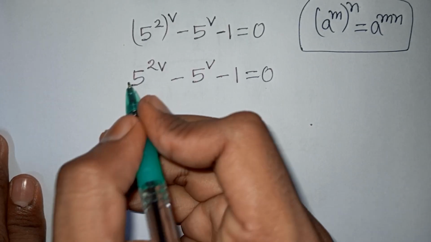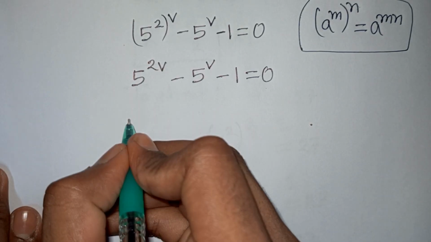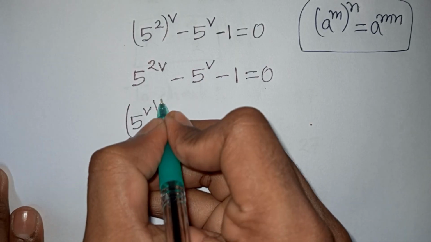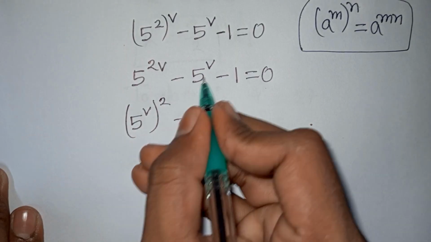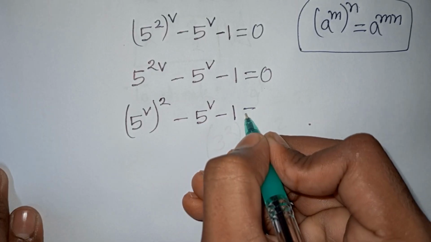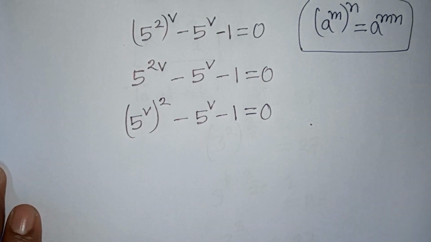In the next step 5 power 2v is the same as 5 power v, bracket power 2, minus 5 power v minus 1 is equal to 0.